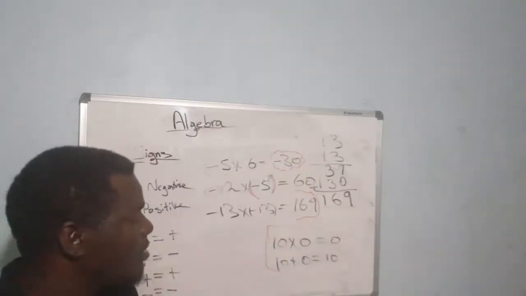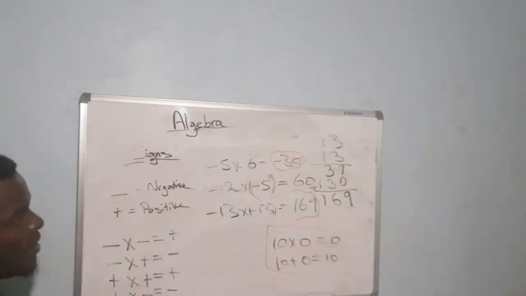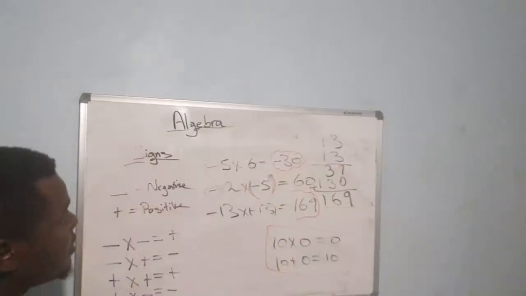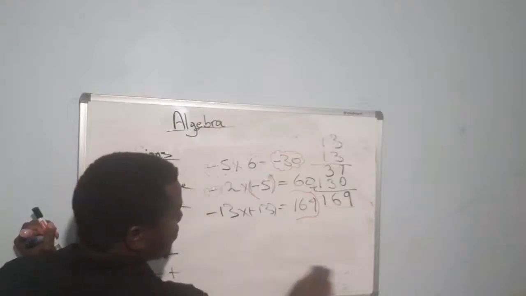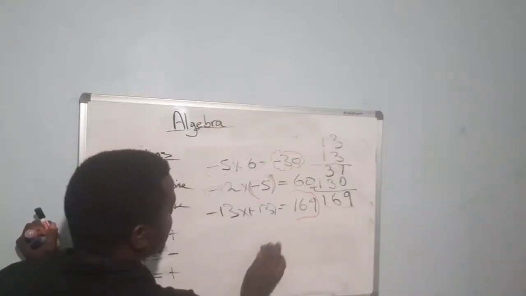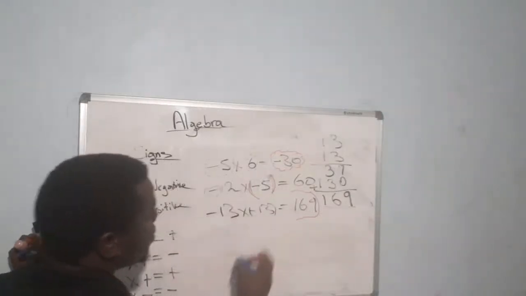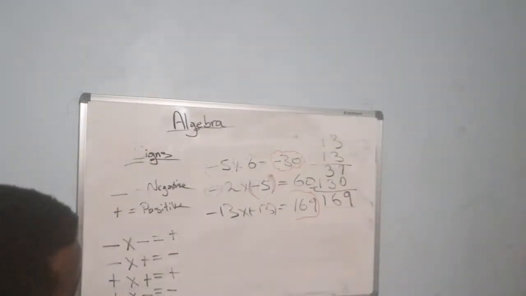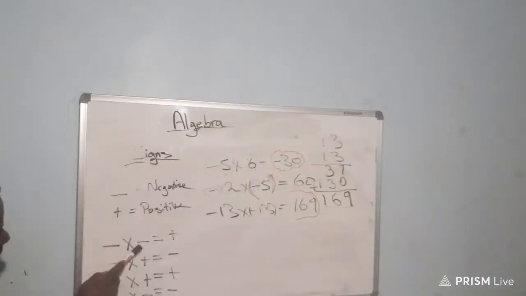And if you add a number to 0, then you will get back that number. So if you multiply negative 13 times negative 13, that would result in a positive 169, because you're multiplying two negative numbers. And according to our rule, negative times negative is positive.